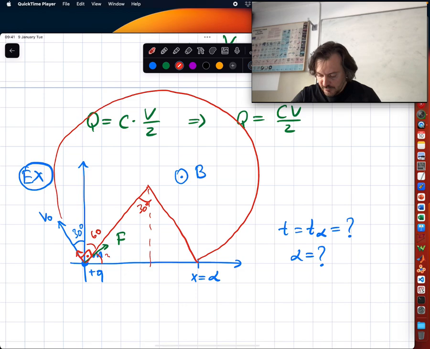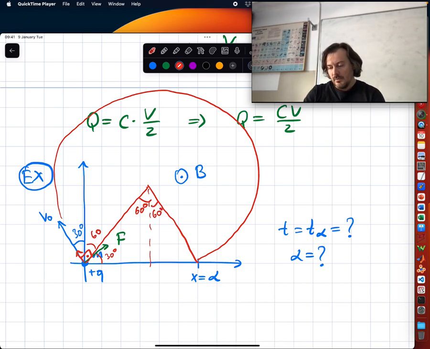This is 30. Then this is 60, and this is also 60. Why is that one also 60? Because this is R, this is R. It's symmetric. Very good. So we have 2/3 of the full circle.